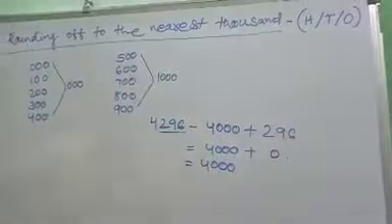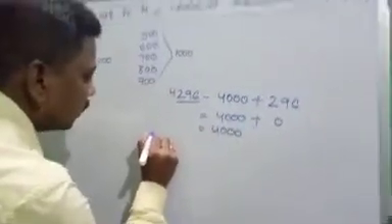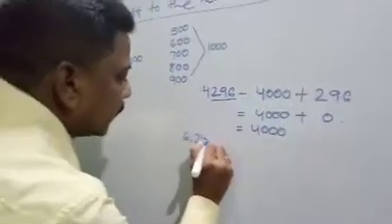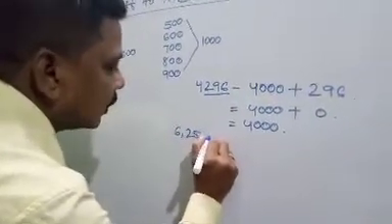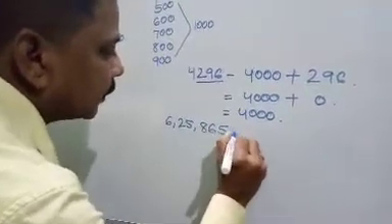Okay. Another example. Suppose 6,25,865.